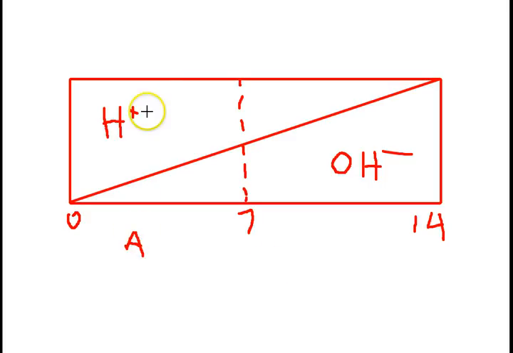In the acid range, we have an abundance of hydrogen ions, more hydrogens than hydroxides. The stronger the acid, the more hydrogens we have. Here in the base part of the range, we have more hydroxides than hydrogens, and the stronger the base, the more hydroxides we have, the fewer hydrogens we have. Okay.